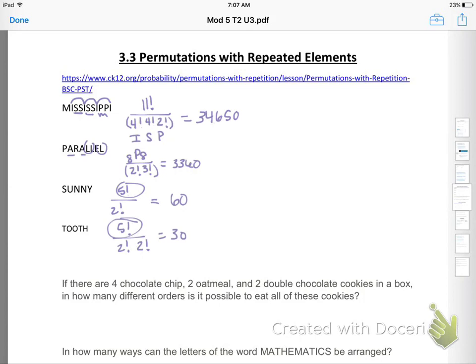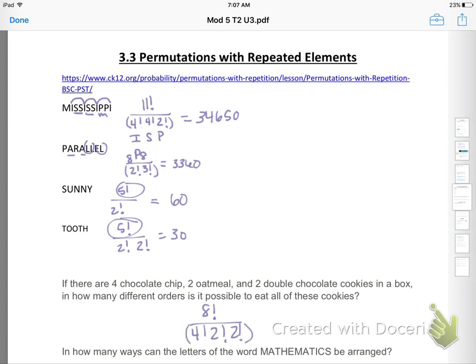So you can also have repeated elements outside of just letters. If there are 4 chocolate chip cookies, 2 oatmeal cookies, and 2 double chocolate cookies in a box, how many different orders is it possible to eat all of the cookies? First we need the total, so 4, 5, 6, 7, 8. So we could have 8 factorial on top. We have 4 chocolate chips repeating, 2 oatmeals repeating, and 2 double chocolate repeating.